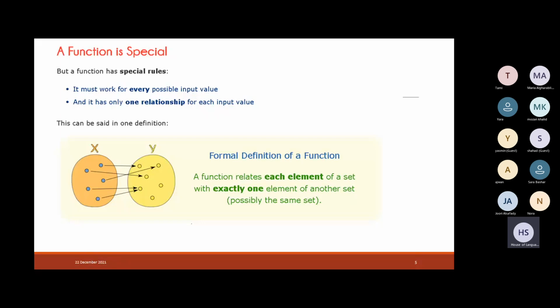So a function matches each element of a set with exactly one element of another set. One with one. Each one in the X must have one with Y.